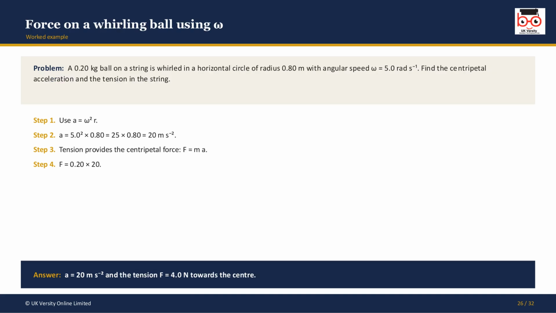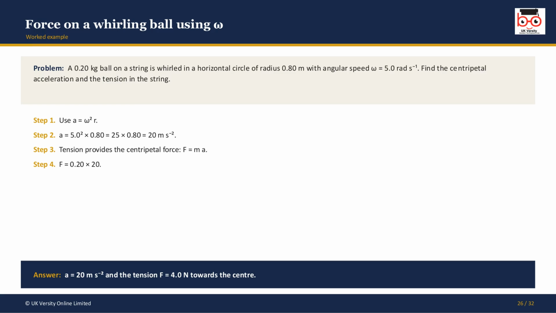Let's do one using angular speed directly. A 0.20 kilogram ball on a string is whirled in a horizontal circle of radius 0.80 meters with an angular speed of 5.0 radians per second, and we want the acceleration and the tension.